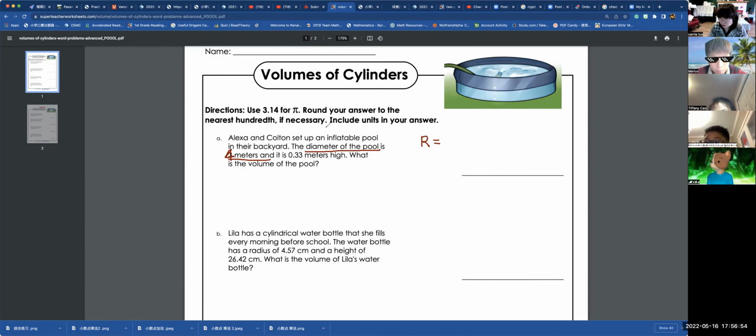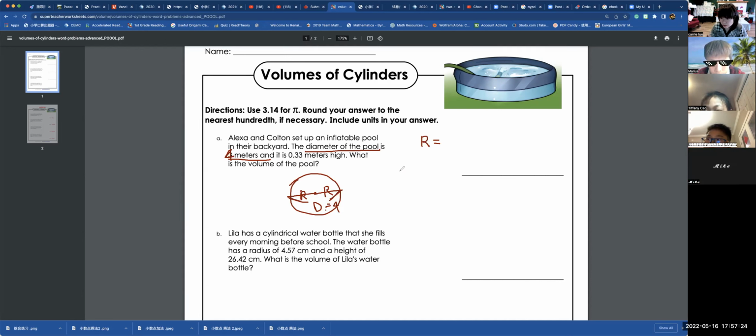This question is not hard at all. If the diameter of the pool is 4, so what makes the diameter from the radius? In this circle, this is the radius, and you double it, it is the diameter. So if the diameter is 4, the radius is 8. The diameter is 4.